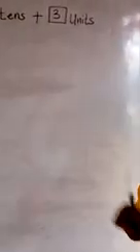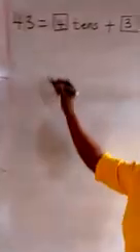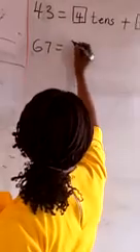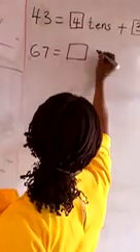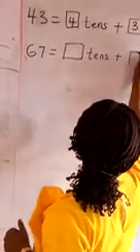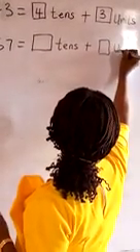Okay, let me give you another example. We have 67. Then the box, tens, plus, box, and your units.